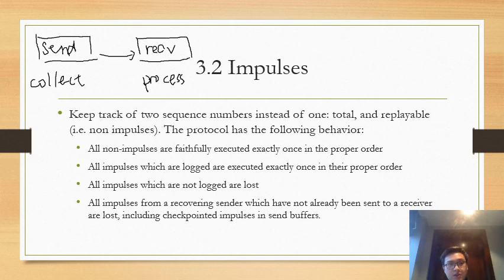Here, it collects the impulses successfully, but fails to send them out. And another case is that the sender sends out the impulses, but the receiver fails. In both cases, the impulses are lost.